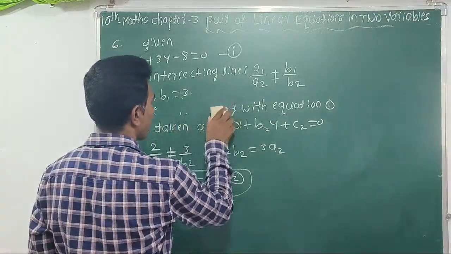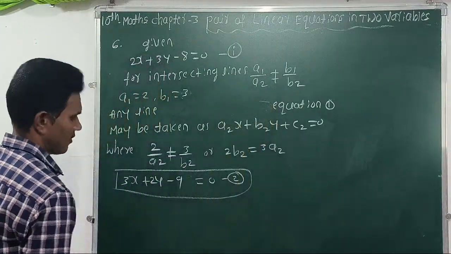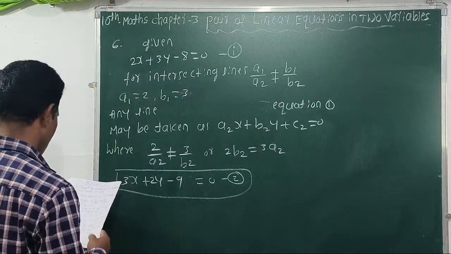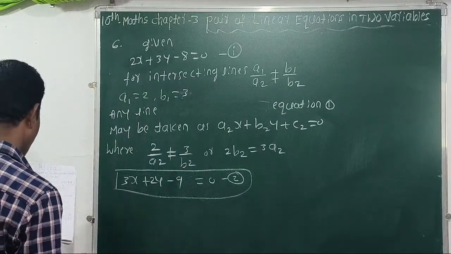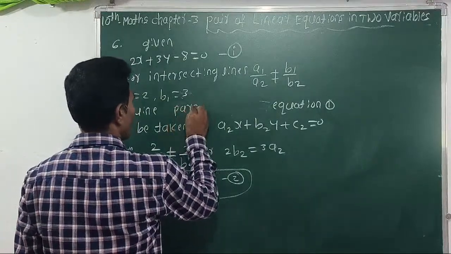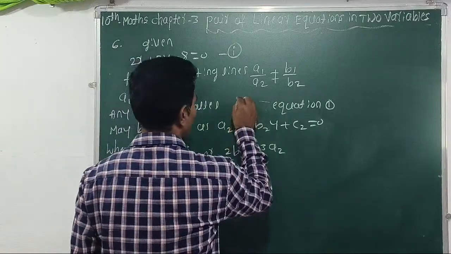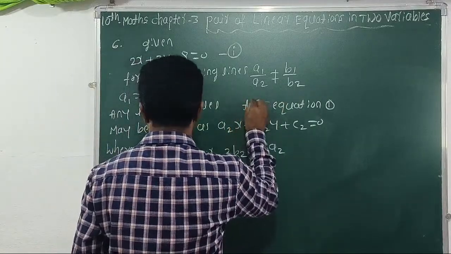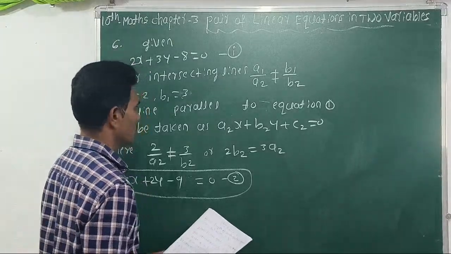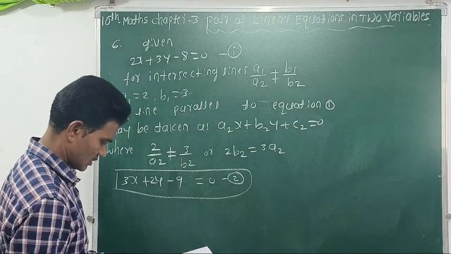Any line parallel to equation 1 may be taken as a2x plus b2y plus c2 is equal to 0.